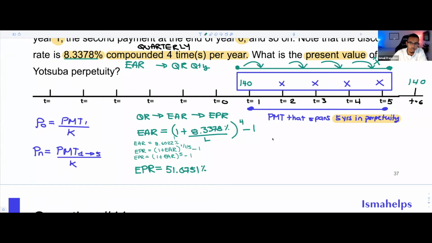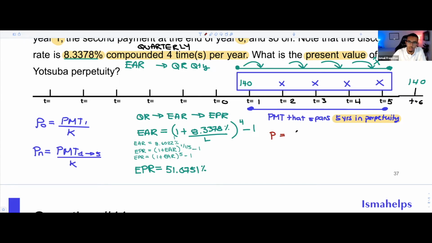Okay, so now the next step is pretty straightforward. We need to just plug our stuff into our formula. And I'll go with a different color. So you would just solve for the present value, right?